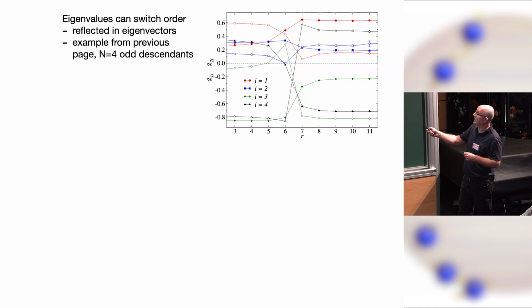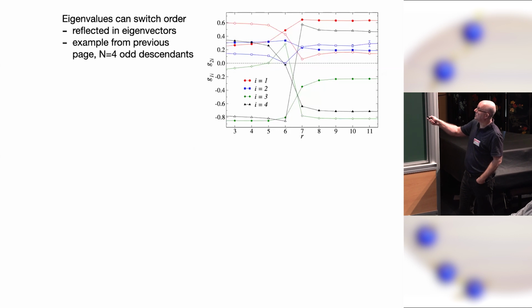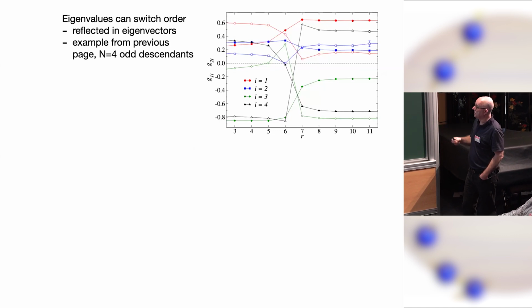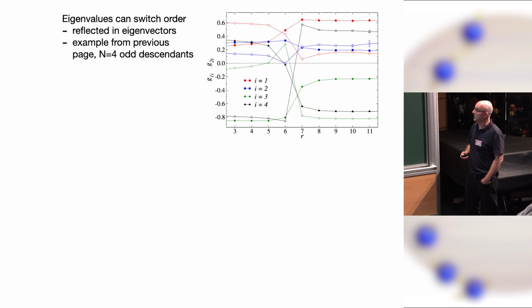But then finally, these are the components of the 4 eigenvectors. The solid ones are for one of the eigenvalues, the open ones for the other. So you see that eventually they converge to some well-defined distance-independent eigenvectors.